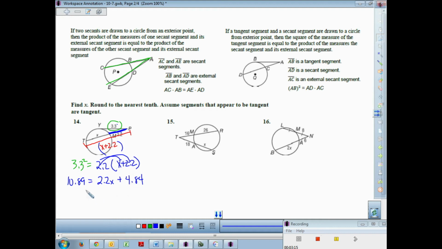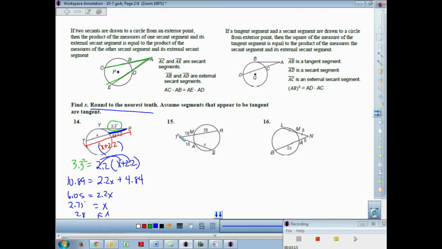And now let's subtract 4.84 and get 6.05 equals 2.2x, and then divide both sides by 2.2, and x came out real nice to be 2.75, but they say round to the nearest tenth, so x would be about 2.8.